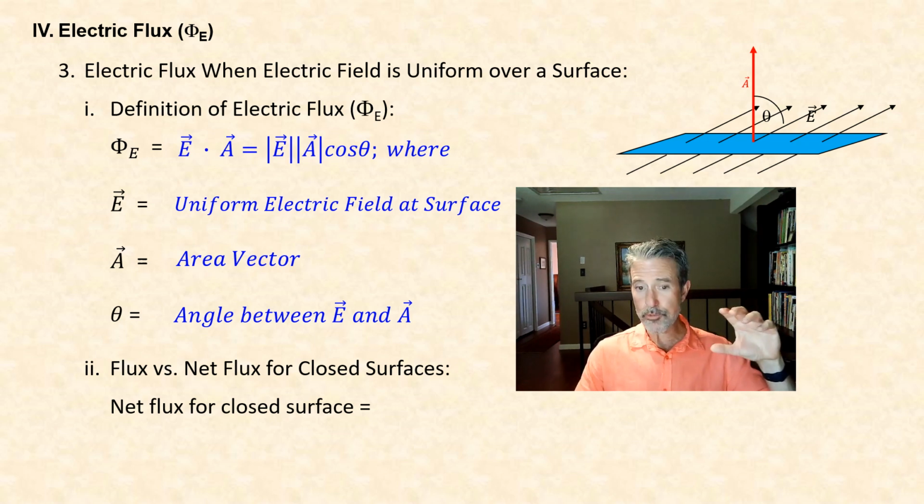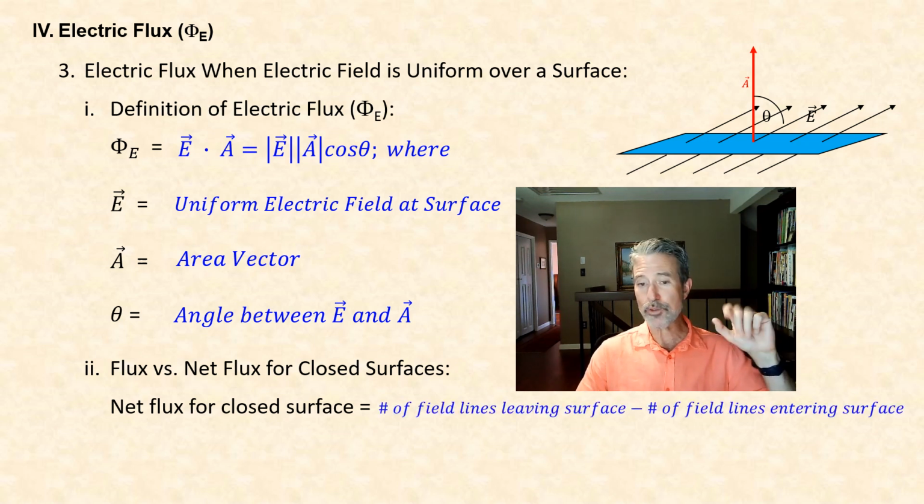For a closed surface, it is possible to have electric field lines both entering that surface and leaving that surface, in which case we would define the net flux for that closed surface to be the difference between the number of field lines leaving the surface and the number of field lines entering the surface. We'll see later how this concept applies when we talk more formally about Gauss's law.